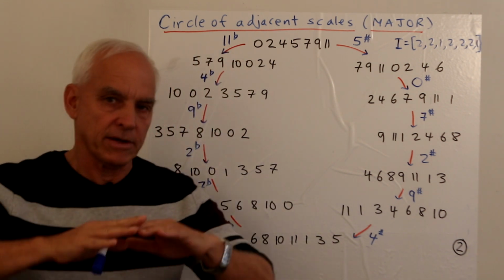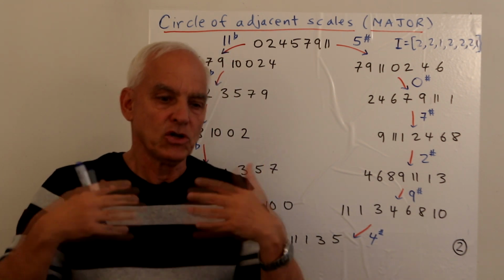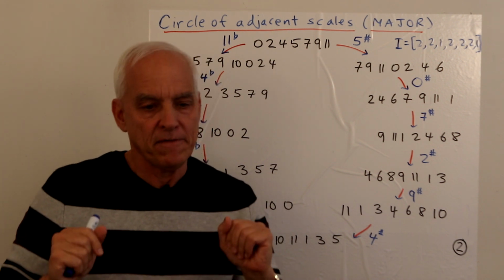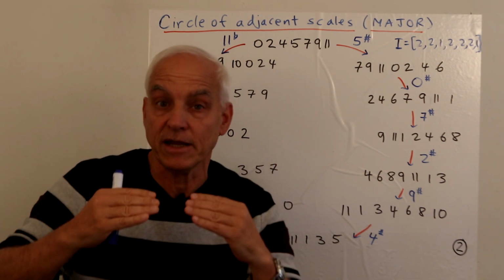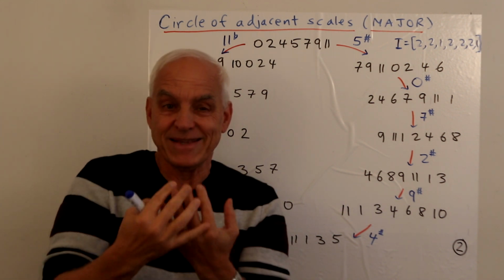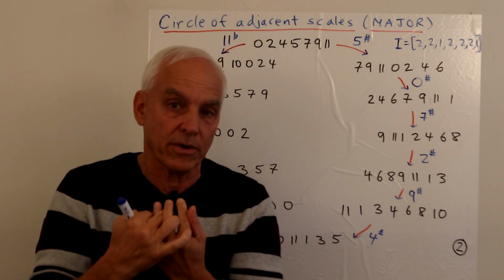So we get an interesting structure here, that these 12 scales form a nice symmetric pattern with respect to this adjacency, where the adjacency is in terms of the scales being close to each other.